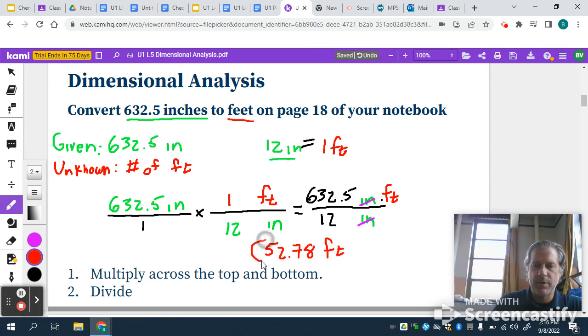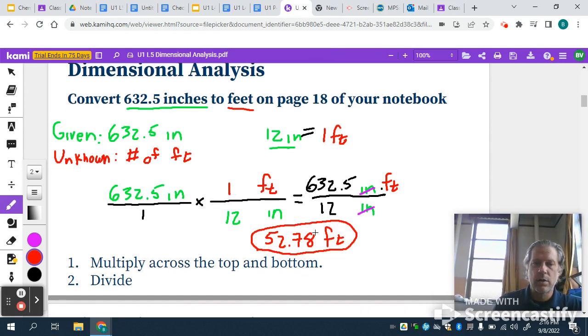So in this problem, we converted 632.5 inches to 52.8 feet, and we showed how that is possible through the dimensional analysis process.